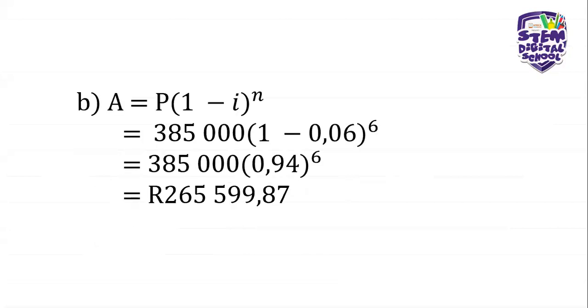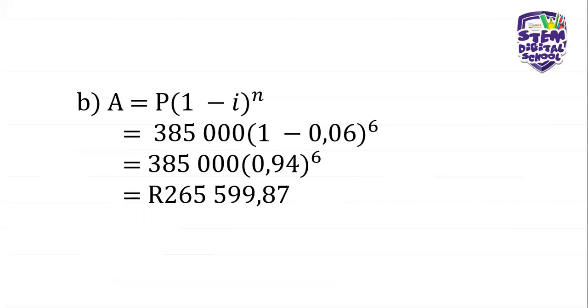If you compare this with compound interest, you will see that the compound interest formula is different in this case when you look at the reducing balance depreciation, where you will also be able to calculate the value after a period of 10 years.